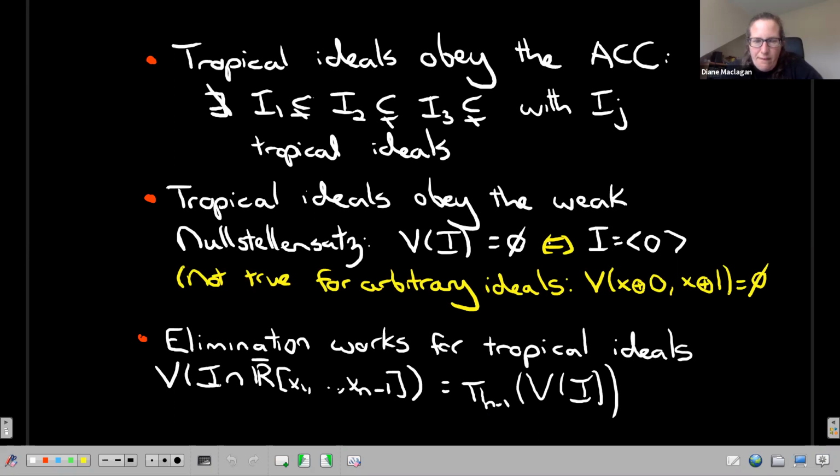Can I ask a quick question, Doctor? Can we consider the lattice? I noticed the order structure of the semiring. So can we consider the lattice structure on it?